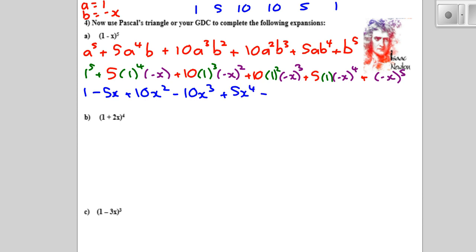You get the same? Notice that it's kind of alternating, isn't it? A negative, positive, negative, positive, negative. Due to the fact that when you raise a negative to an odd power, you get a negative. When you raise a negative to a positive power, you get a positive.